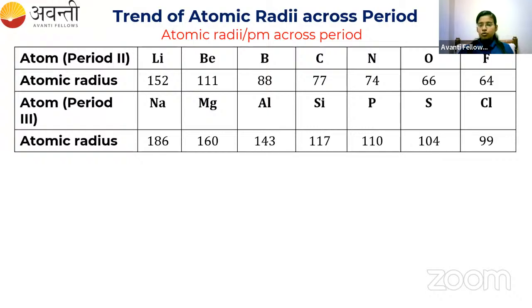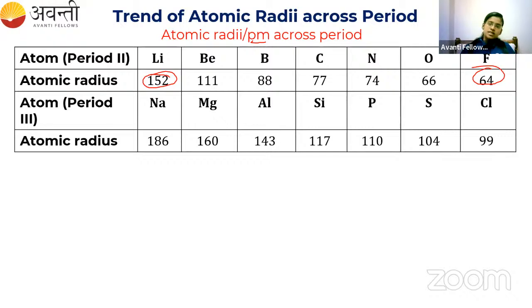From lithium to fluorine, and from sodium to chlorine. In these two periods, what trend do you observe from left to right? Lithium has 152 picometer, and fluorine has 64 picometer. For sodium it is 186 and for chlorine it is 99.